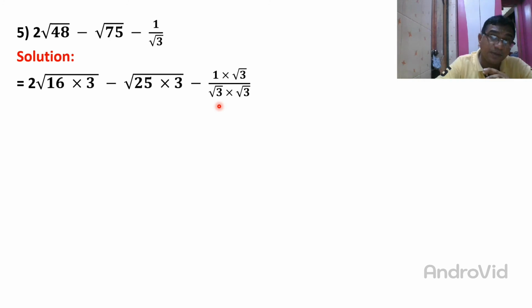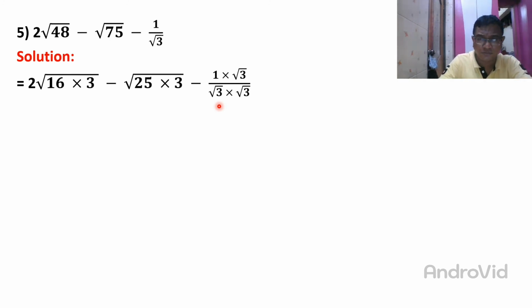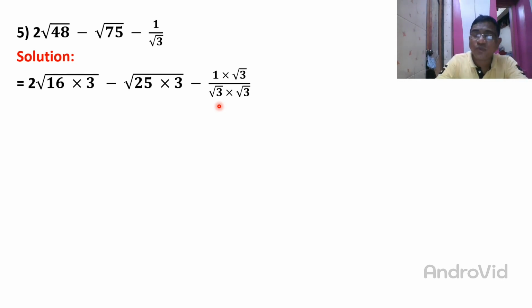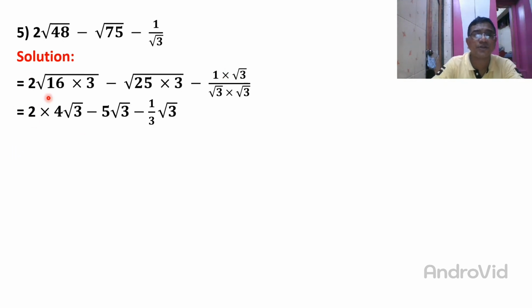I already explained in the last problem, if you want to rationalize, the number that is in the surd is multiplied to the denominator and the same number to the numerator. So 1 upon root 3 is multiplied by root 3 upon root 3.